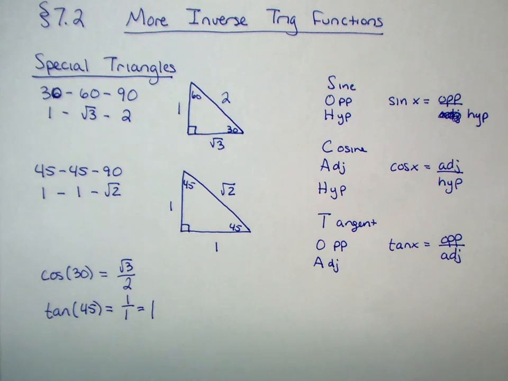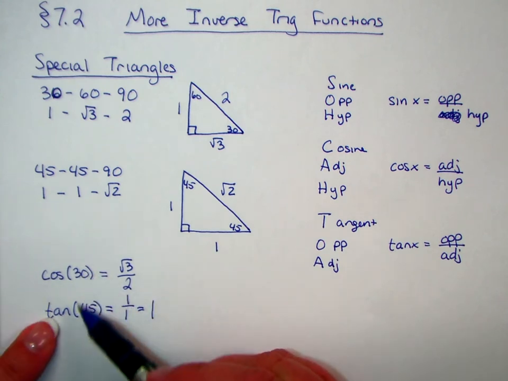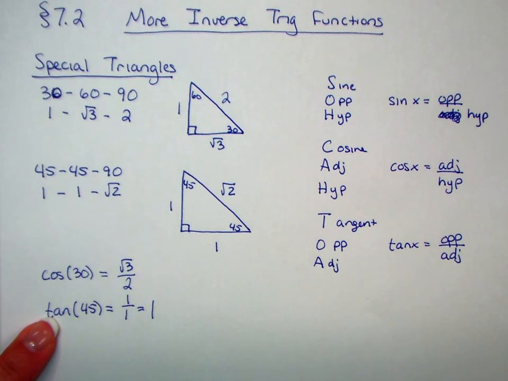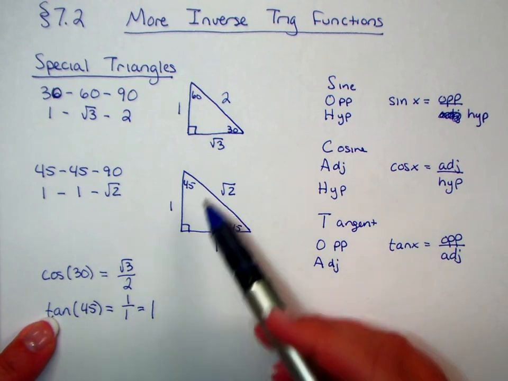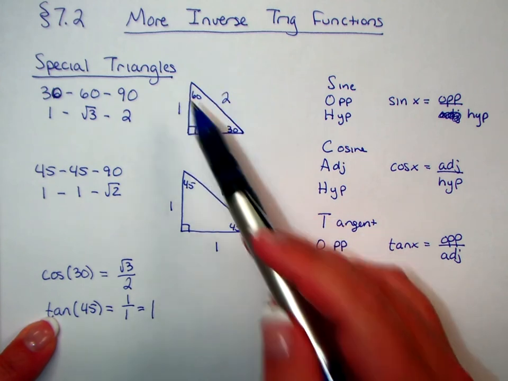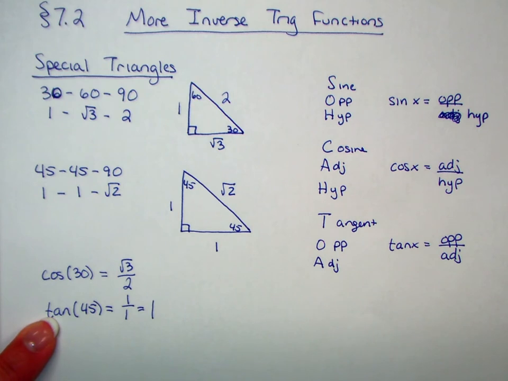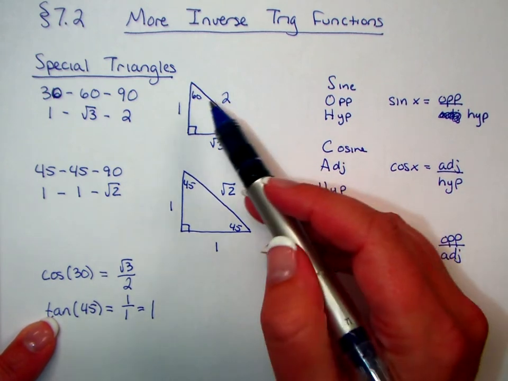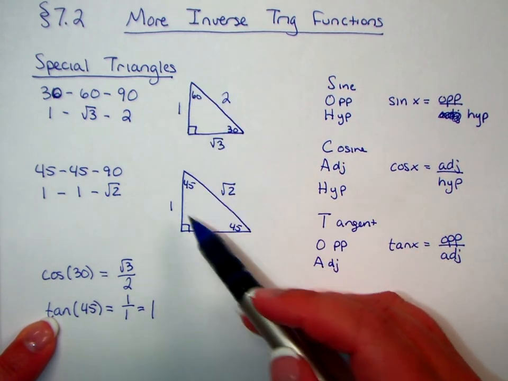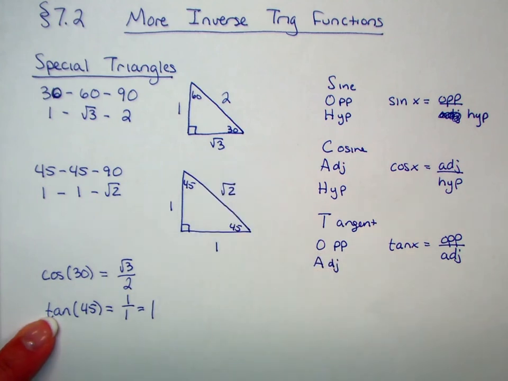All these values here for these individual trigonometric values on the unit circle can be duplicated by knowing these two special triangles. This is my preferred method, right? I don't have the unit circle memorized, but I do enjoy using these special triangles, right? So this is going to help us find those ratios.